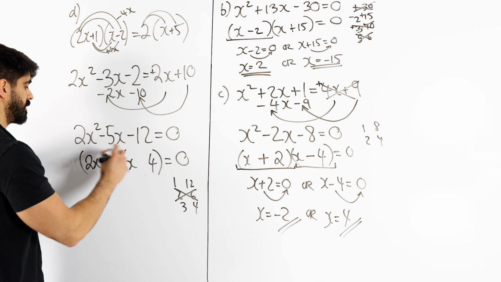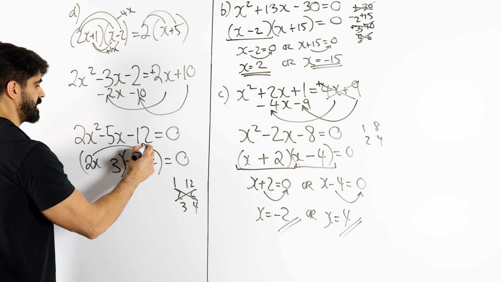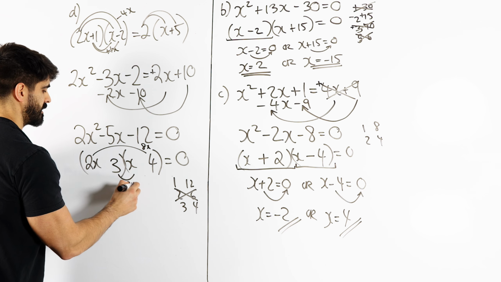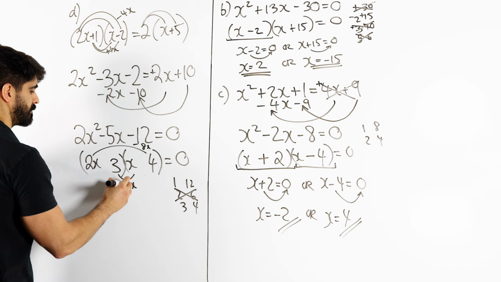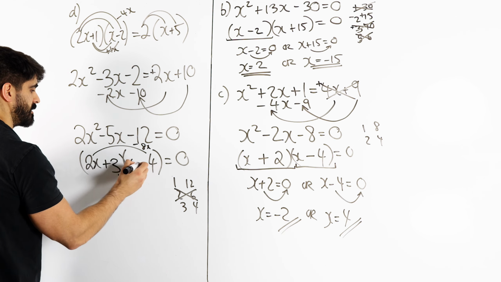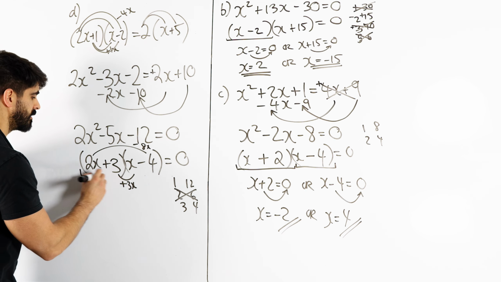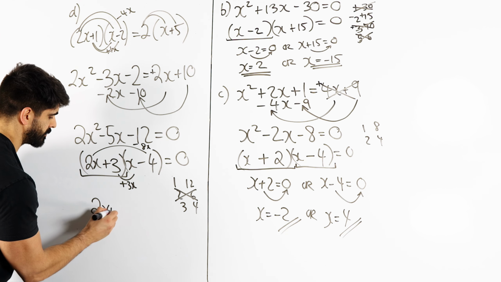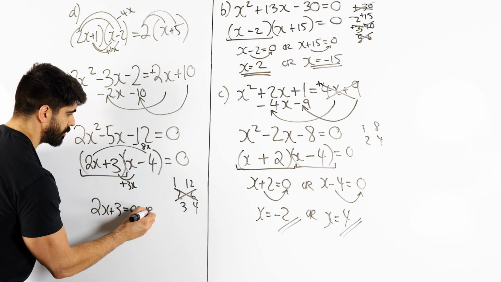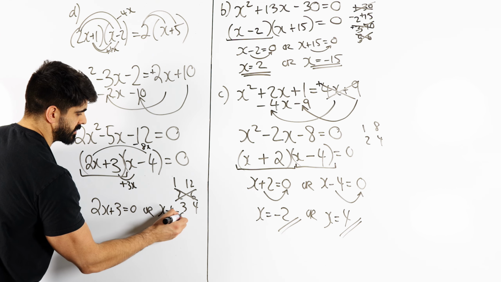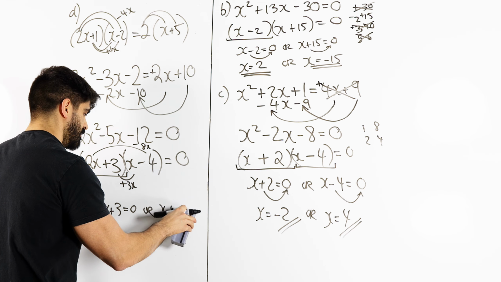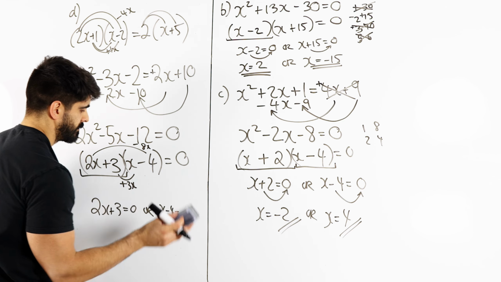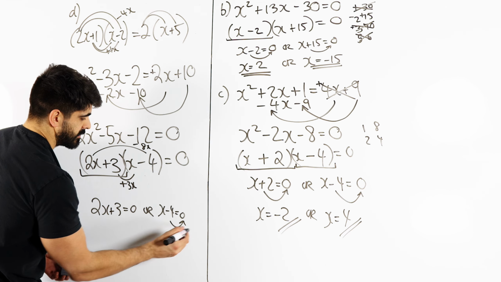Now we do Oi. 2x times 4 is 8x. This is 3x. How do 8x and 3x make minus 5? If you have minus 8 plus 3. So I have plus 3 and minus 8. There you go. Either 2x plus 3 is 0 or x minus 4 is 0. Anyway, move that to the other side.